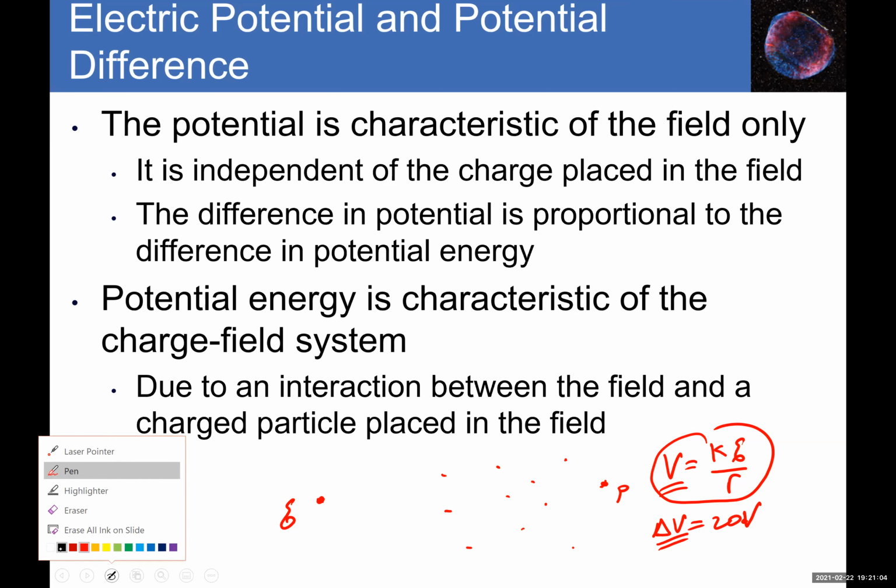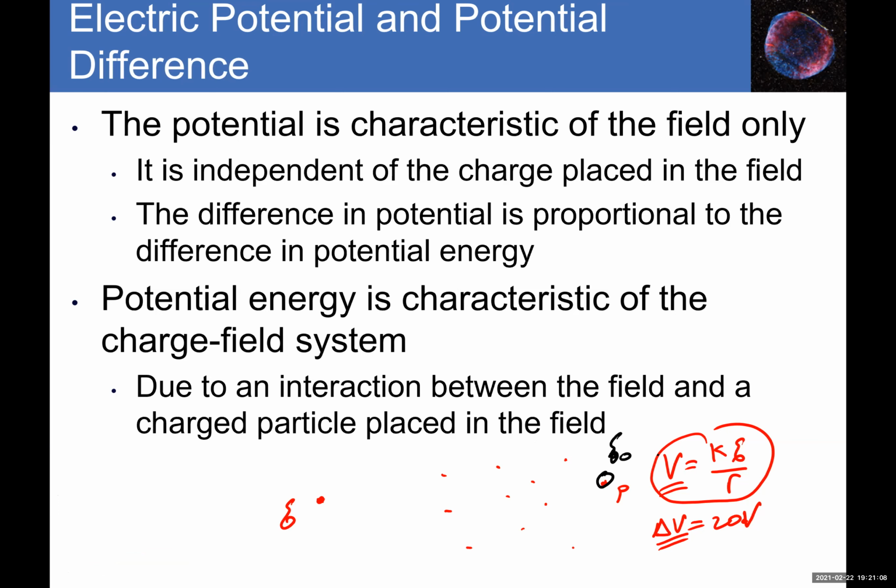Now, when I bring a test charge to that point P, and I want to know how much potential energy this test charge gained or lost when it came to point P from infinity, all I have to do is use this equation. Delta U equals Q naught times delta V, because I already have the delta V there.